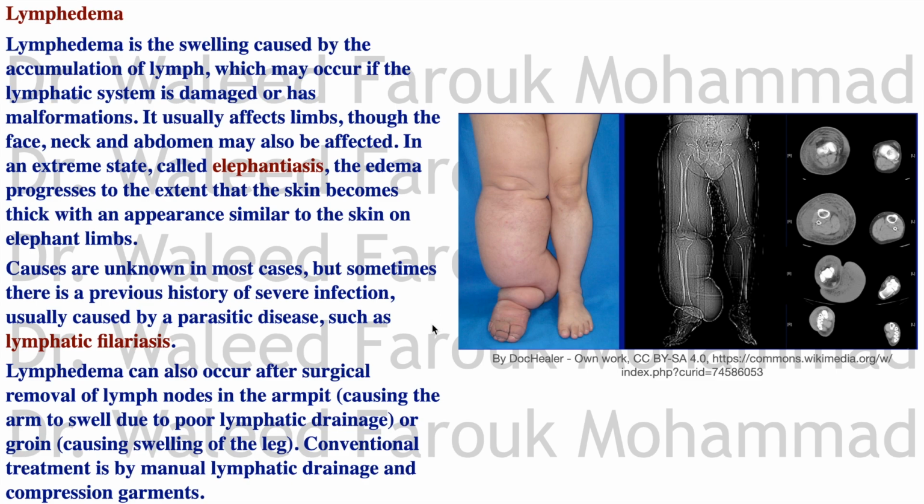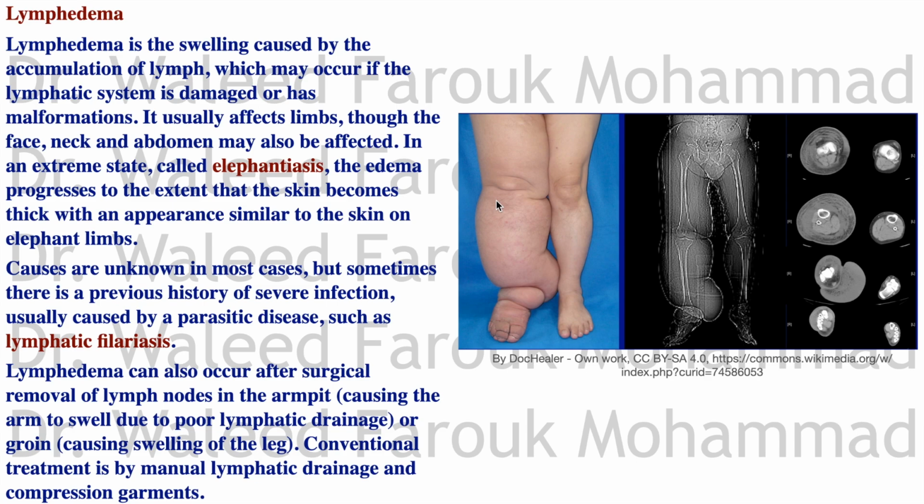Another type of lymph disease is called lymphedema. It's a swelling caused by accumulation of lymph, as you can see in this limb. This extreme accumulation of lymph is called elephantiasis. The skin becomes thick and the limb becomes swollen and distorted. It may be due to filariasis or previous infection with filariasis that obstructs the lymphatics.